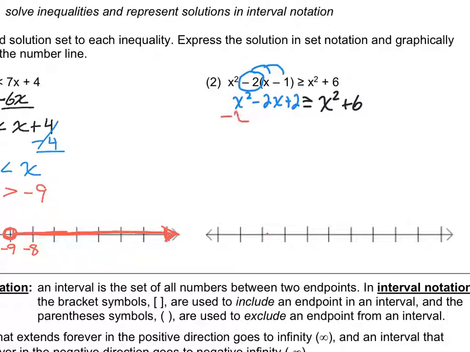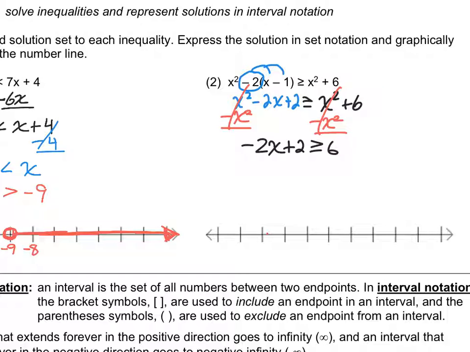We have a whole unit later on, actually 2 units later on, where we talk about powers of x that are greater than 1, so x squared, x cubed, all that stuff. We're not there yet. So at this stage, if you're solving and there's an x squared in there, it should be pretty easy to do, or it should just flat out cancel. In this case, it flat out cancels. So negative 2x plus 2 greater than or equal to 6.